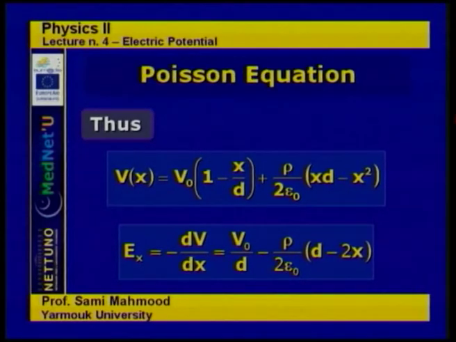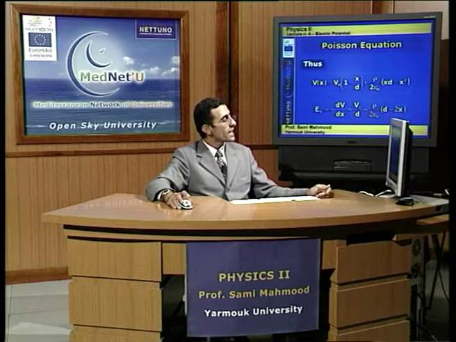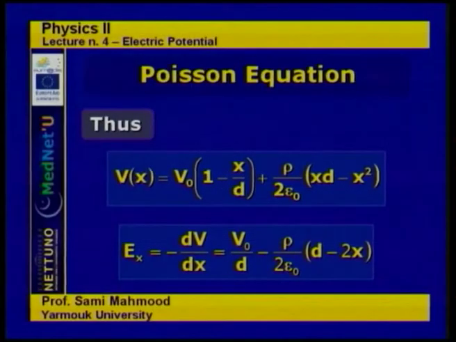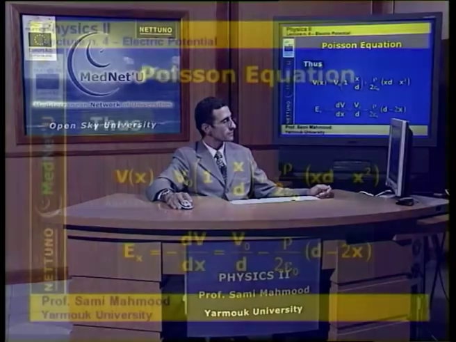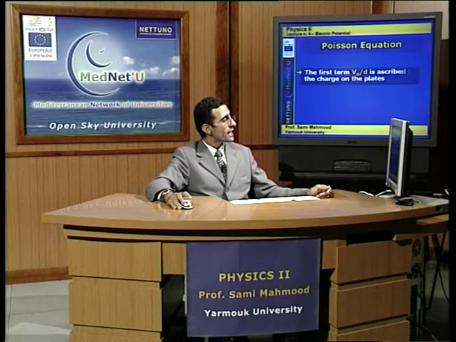from this potential. E sub x, which is the only component of E between the plates because of the symmetry in the YZ direction, is equal to minus dV by dx, which is simply V naught over d minus rho over 2 epsilon naught times, in parentheses, d minus 2x. There are two terms.